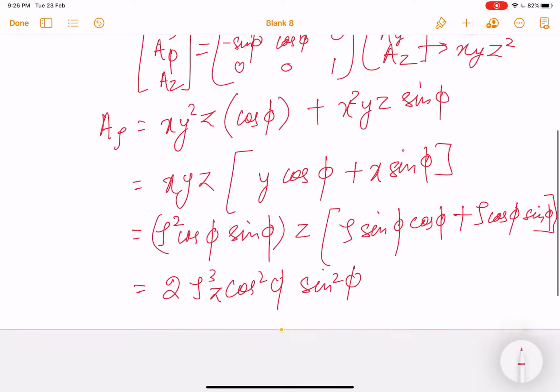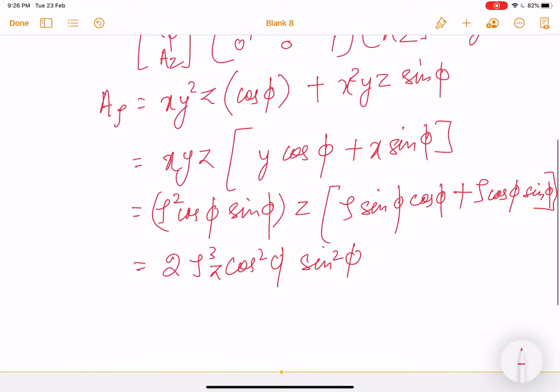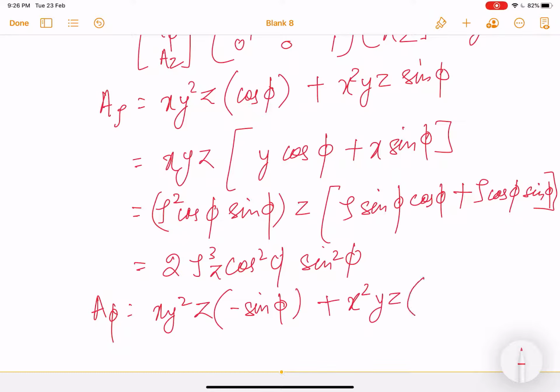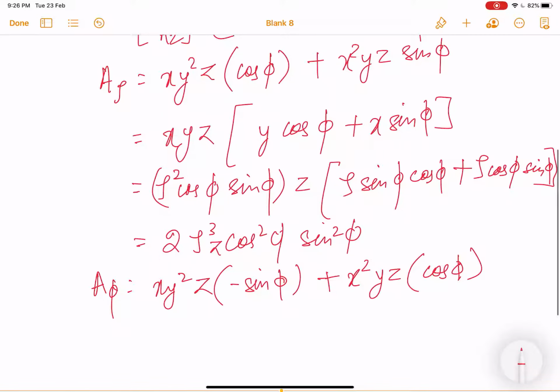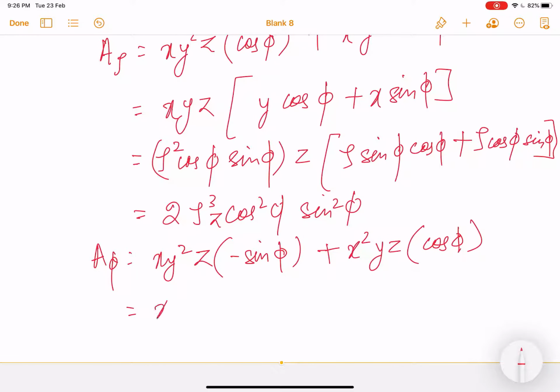Let me write it here. Then what is a phi? A phi will be equal to xy²z, this is minus sin phi, plus x²yz, this is cos phi. You must be quick and careful both at the same time so that you get correct answers every time. Minus y sin phi plus x cos phi.